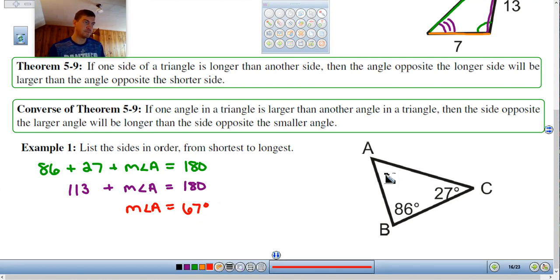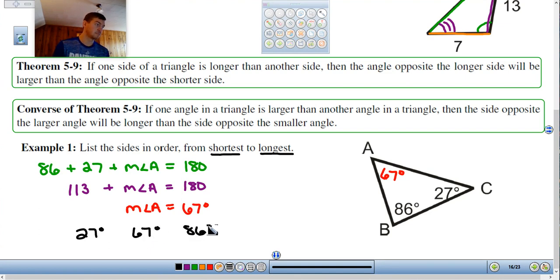So angle A is no longer a mystery anymore. Now that I have those three angles, I'm going to list those three angles in order from smallest to largest. And so I'm going to put 27, then I'm going to put 67, and then I'm going to put 86.